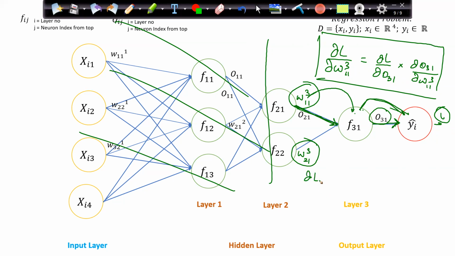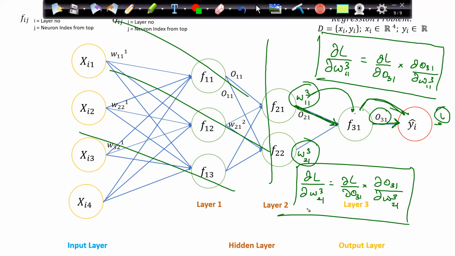So here it will be dou L by dou W321 is equal to dou L by dou O31, the output of this neuron, multiplied by dou O31 by dou W321. Simple chain rule.